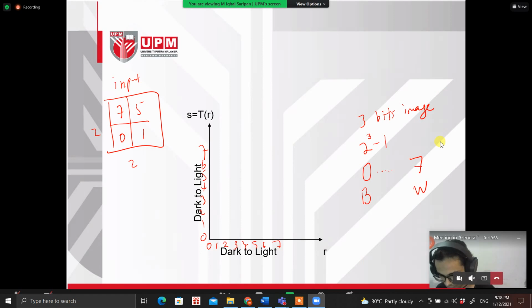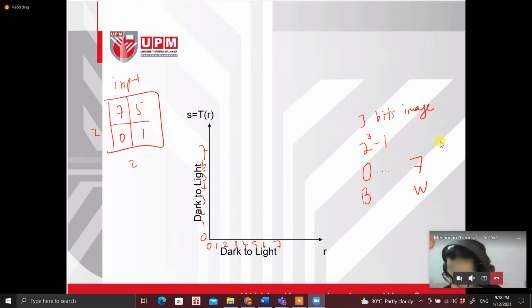Because we need to try to find what the function is, do the pixel processing, and get the image and see the image. Without seeing the image, we do not know whether the image becomes better or worse. Right. Okay. Any other questions?